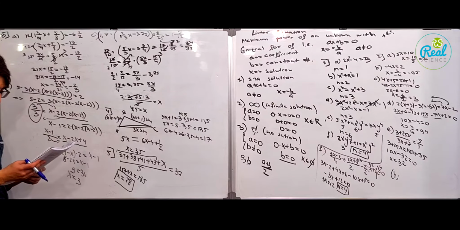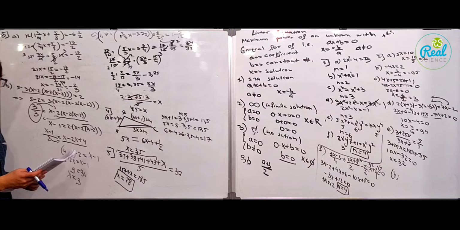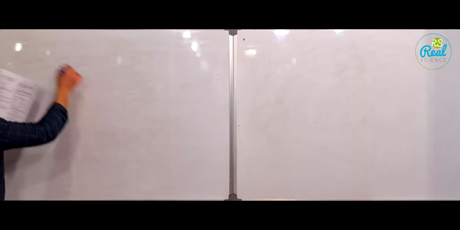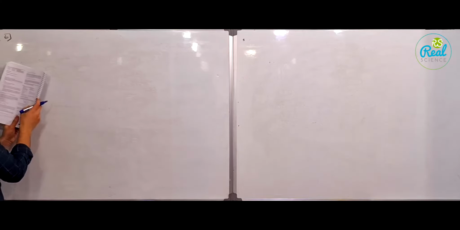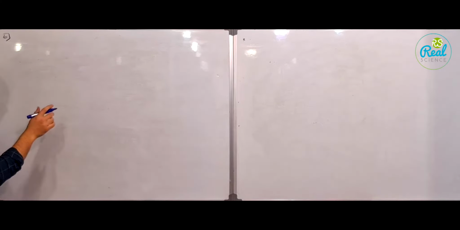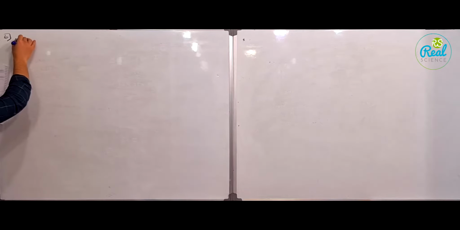So have you understood all of this? So let's turn to the 6th one. It says if the sum of 5 consecutive numbers is 150, find the numbers. What does consecutive mean? So let's denote the first one as x, okay?